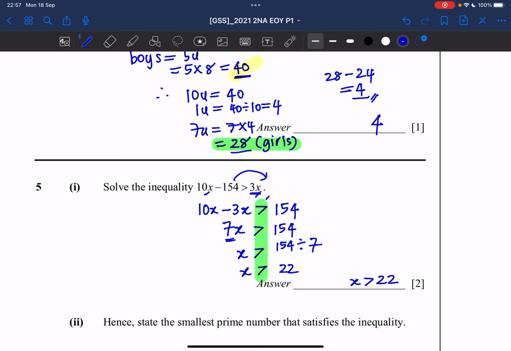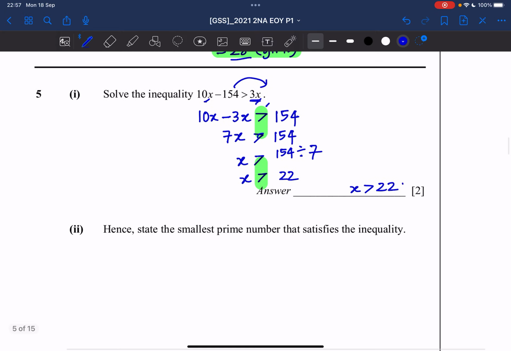The sign will change only if there is a minus in front of the 7. Then when you bring this over to the other side, the inequality will flip. But in this case, there's no negative, so there's no reason why you need to flip the inequality. Let me write this properly for you. This is 7x. Then after that, this is your inequality.